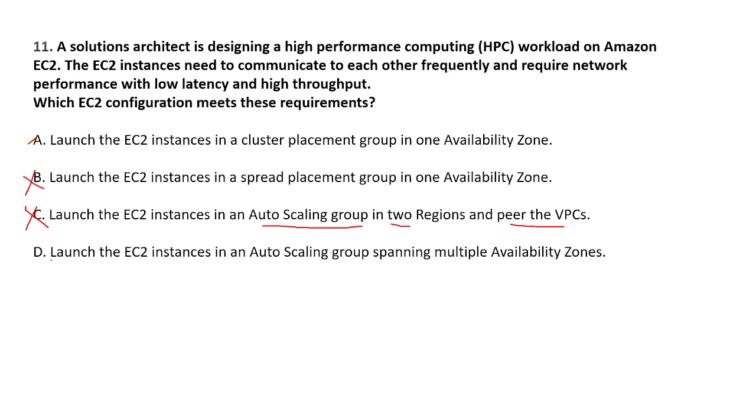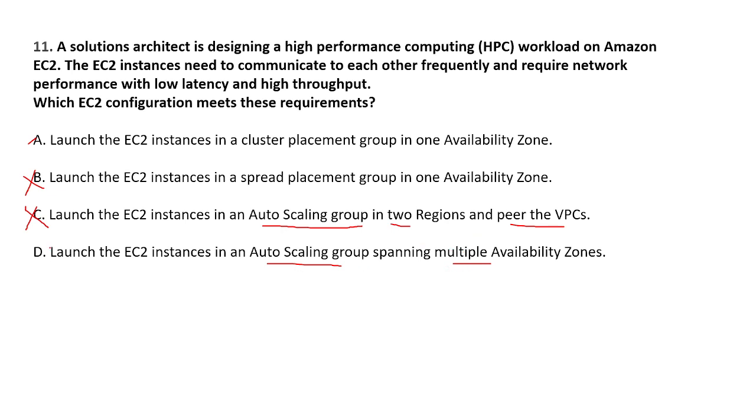Option D, launch EC2 instances in an auto scaling group spanning multiple availability zones. This option is something scalable, because they are asking to deploy across multiple availability zones, so if one availability zone is down or not available for some reason or maintenance downtime, they are asking to deploy multiple.